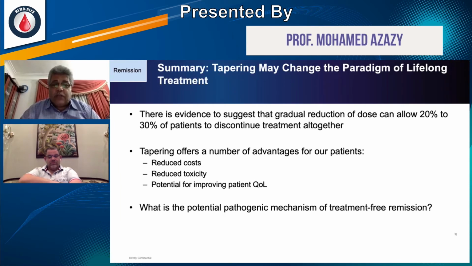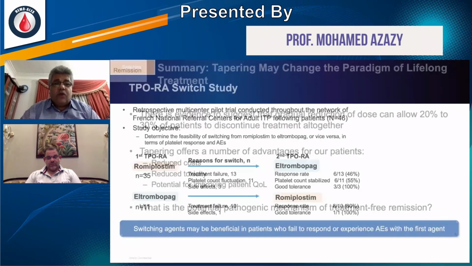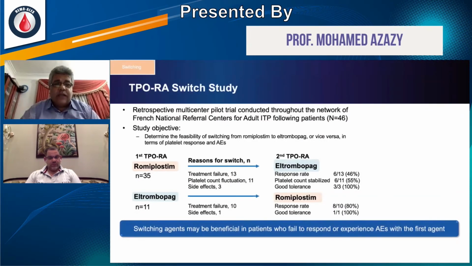So what is the potential pathogenic mechanism of treatment-free remission? This needs to be addressed, and it was seen in the switch study, where switching agents may be beneficial in patients who fail to respond to, or experience adverse effects with, the first agent.